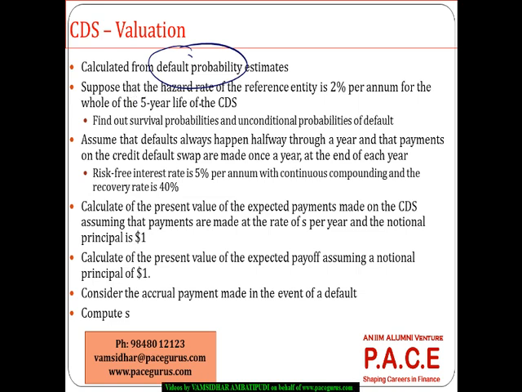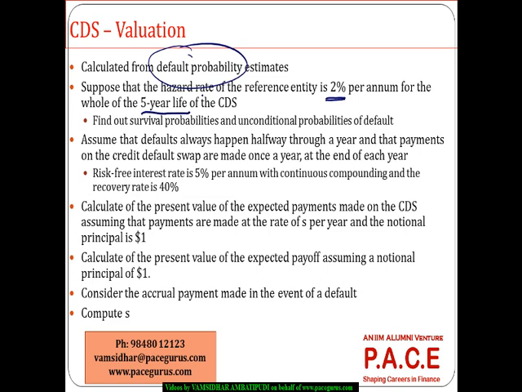Suppose the hazard rate for the reference entity is 2% per annum for the whole of the 5-year life of the CDS. It's very important information for us. So let's take a spreadsheet and work it out.